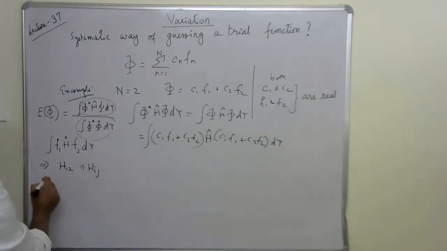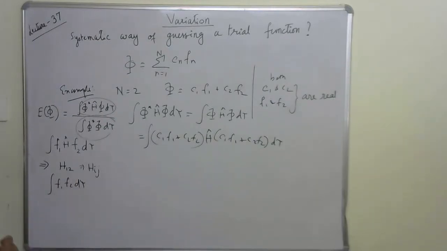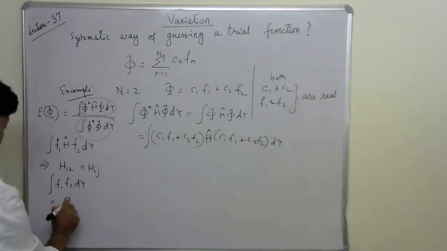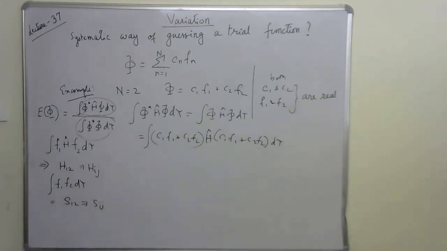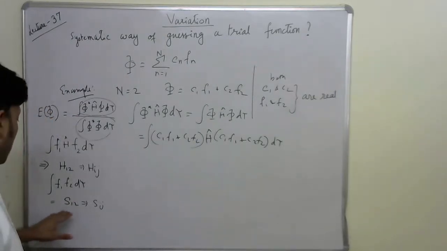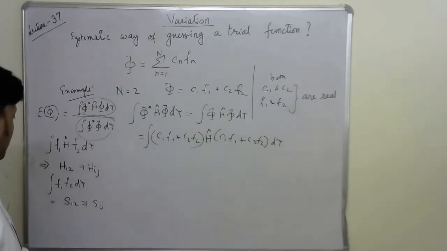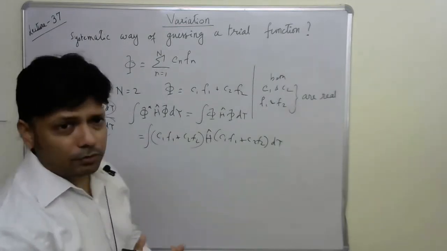And similarly here I can write F1 F2 d tau, and we can represent it by S12, or rather Sij, where i could be equal to j, or i may not be equal to j. These terms, H12 or S12, are known as matrix elements.